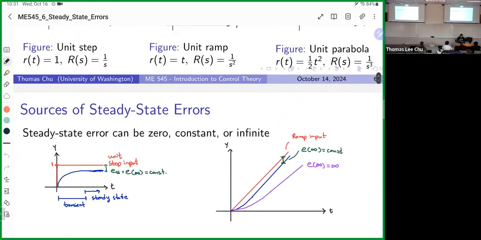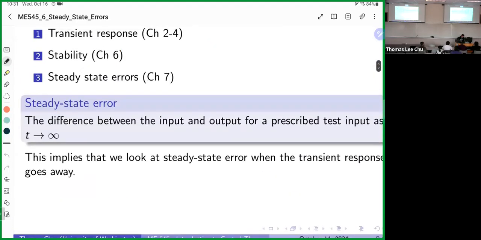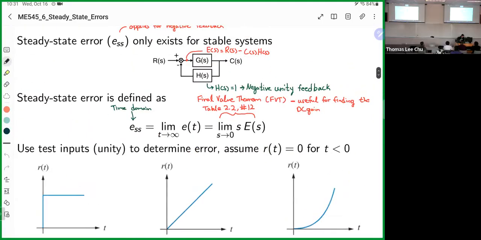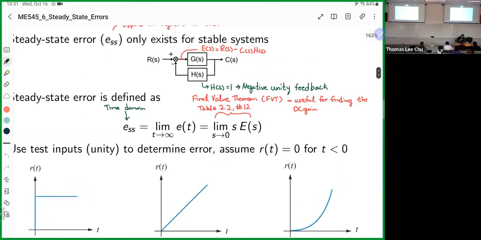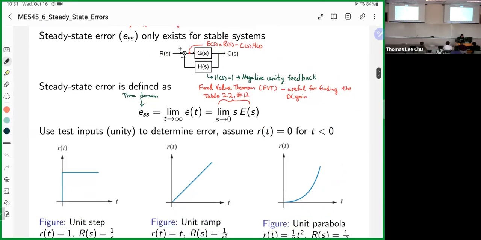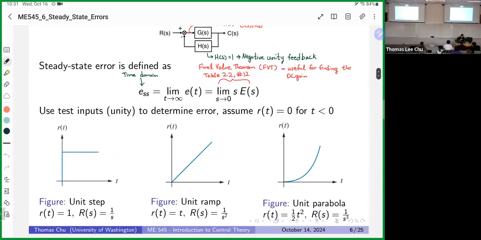All right, so let's get started. Yesterday we started on steady state error. Basically, steady state error can be zero, constant, or increasing, and depending on your system type, you can determine which it's going to be.